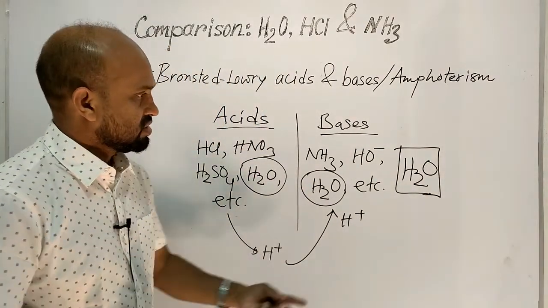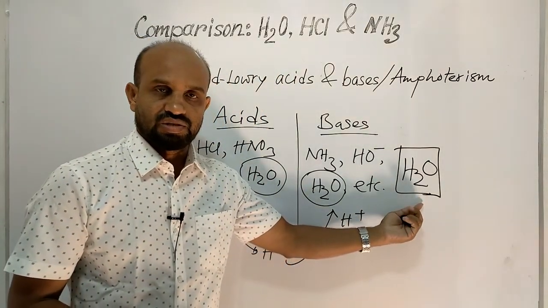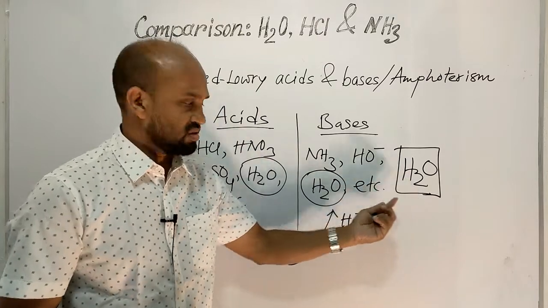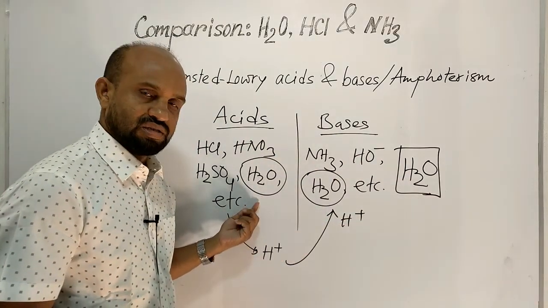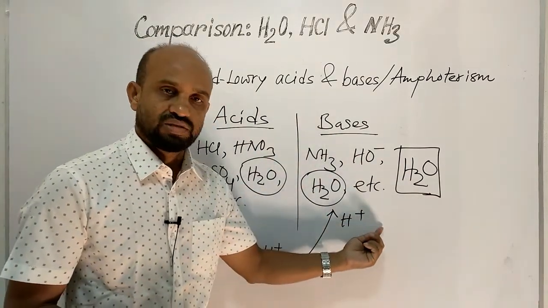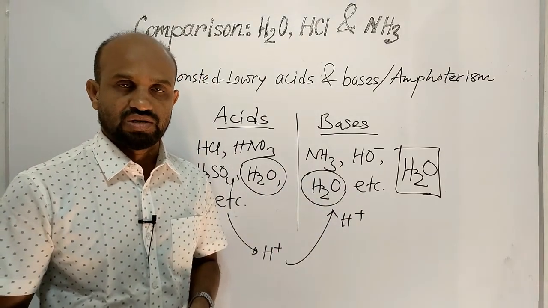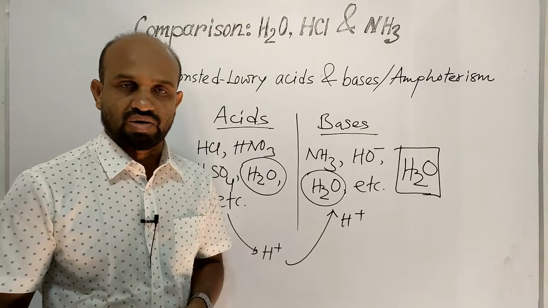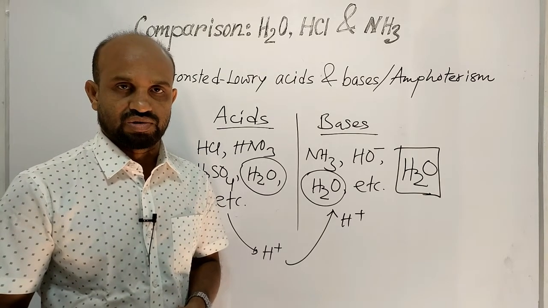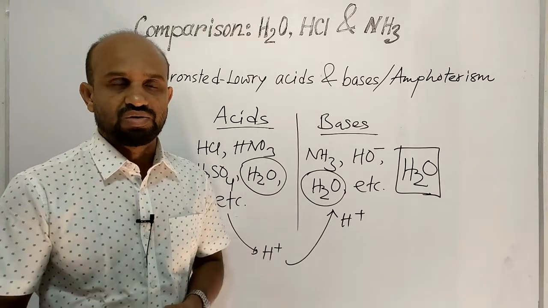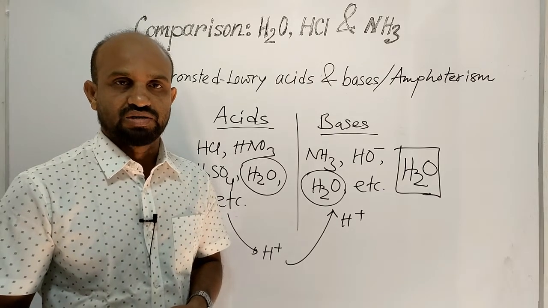That means the substance that can act as acid and base. According to Bronsted-Lowry acid-base theory, these compounds are called amphoteric compounds, and this phenomenon is known as amphoterism.